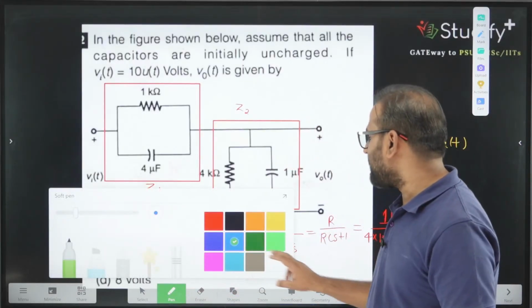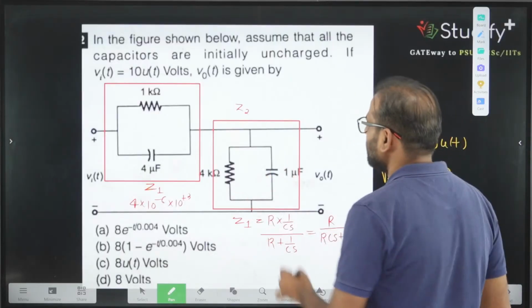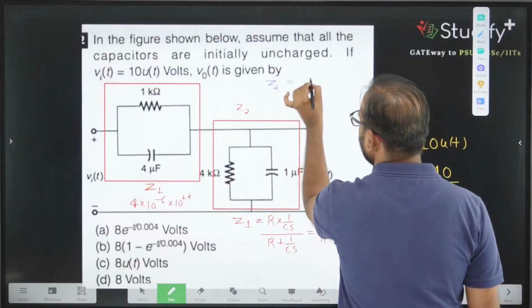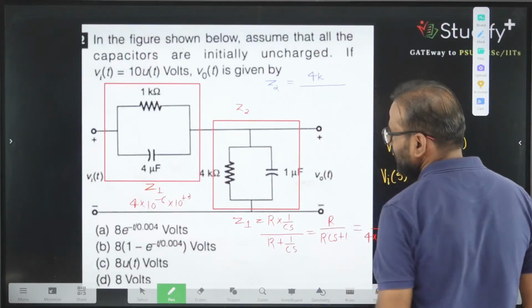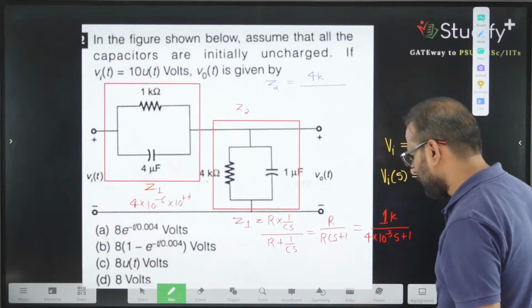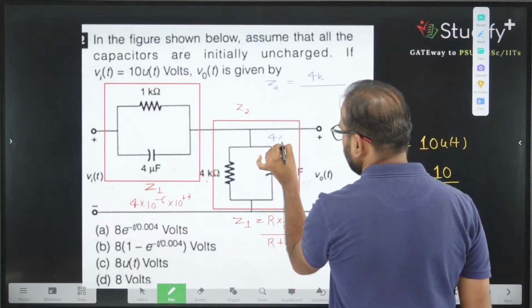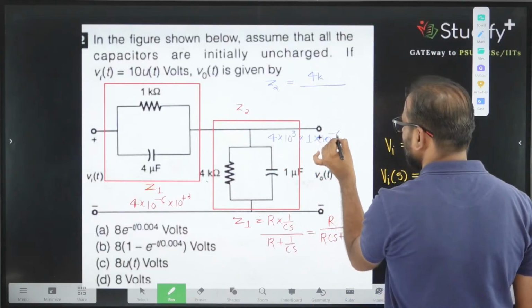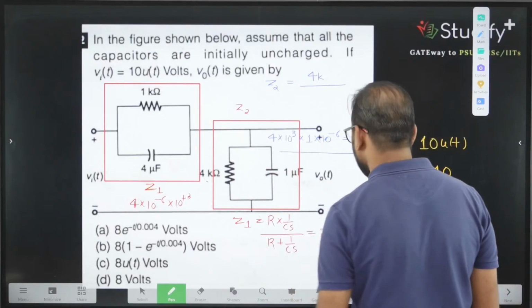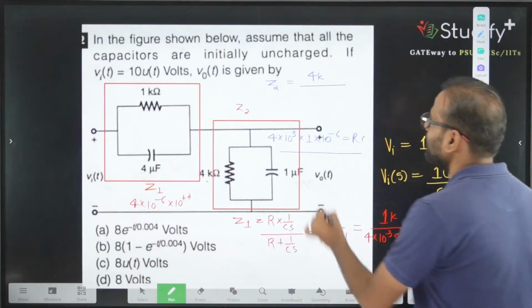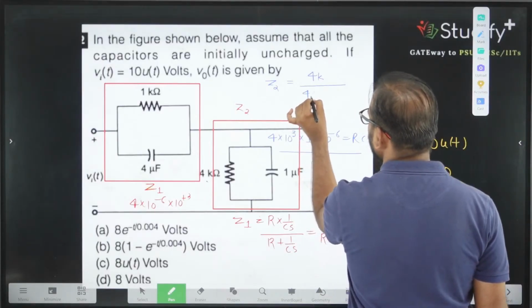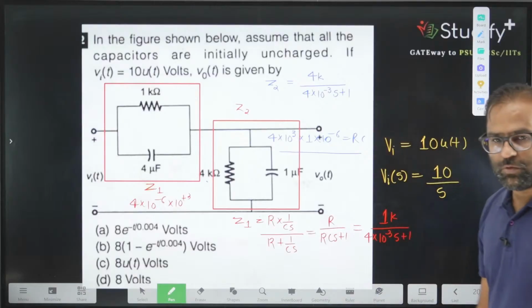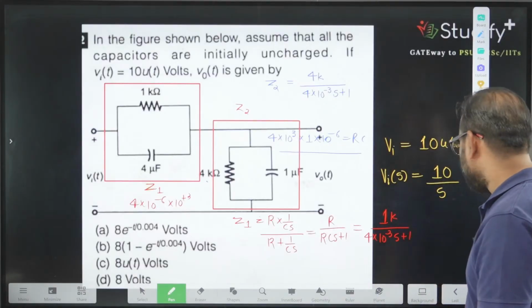For Z2 there is no change in the expression, because here also a capacitor and a resistor are in parallel. So let's see. The value of Z2 will be, in place of R, I will write 4 kilo, divided by the RC value. What is the RC value? 4 kilo and 1 microfarad. So 4 kilo is 4 into 10 raised to the power 3. 1 microfarad is 1 into 10 raised to the power minus 6, and this value is nothing but RC. So the value of RC is 4 into 10 raised to the power minus 3. Okay, same as the previous one. So the denominator is the same for both, 4 into 10 raised to the power minus 3 into S plus 1. So can I say what is the first thing you want?